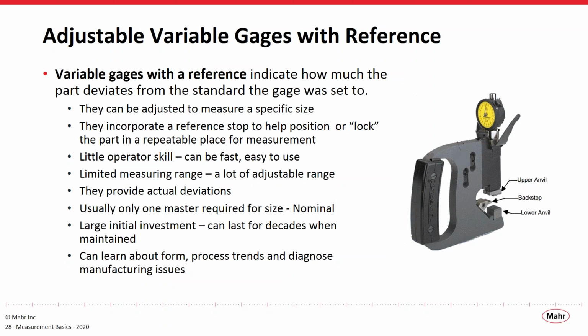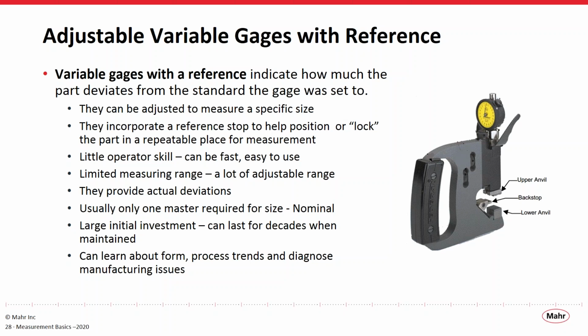So again, they're adjusted to a specific size. They incorporate a reference lock to help position, or really snap or lock, the part into a repeatable place for the measurement. They take a little less operator skill. They can be fast and easy to use. Again, limited measuring range, a lot of adjustable range.